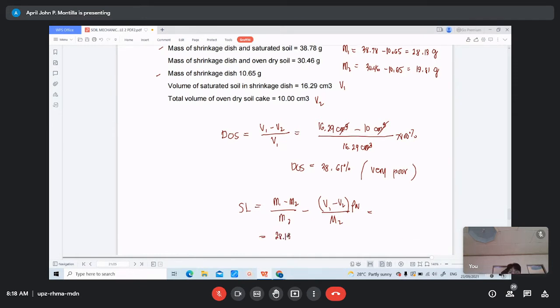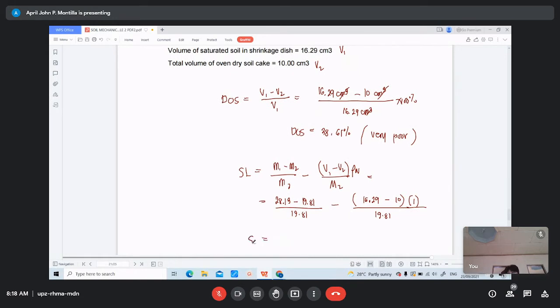28.13 minus 19.81 over 19.81 minus quantity 16.29 minus 10 over 19.81 times 1 gram per cc. So naka-decimal form lang yan.